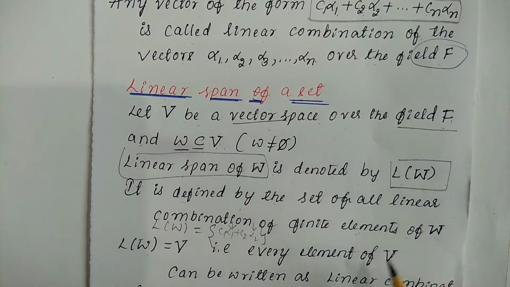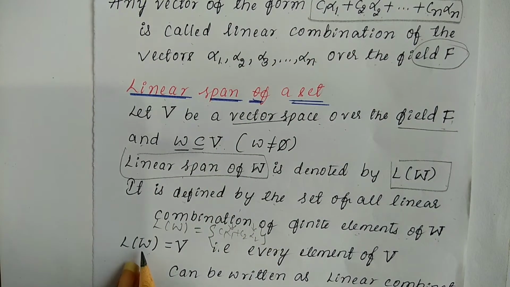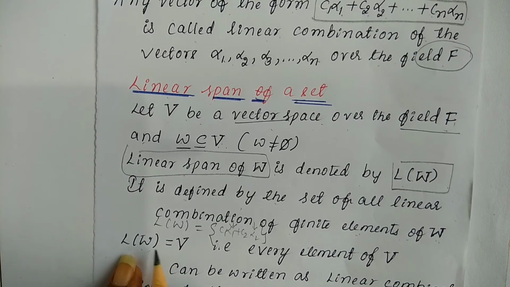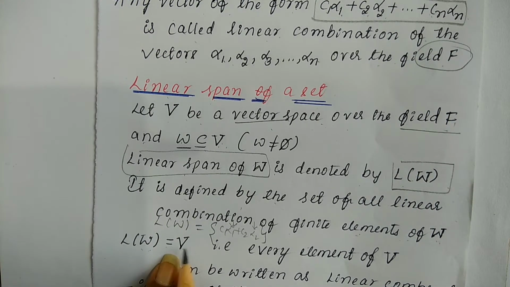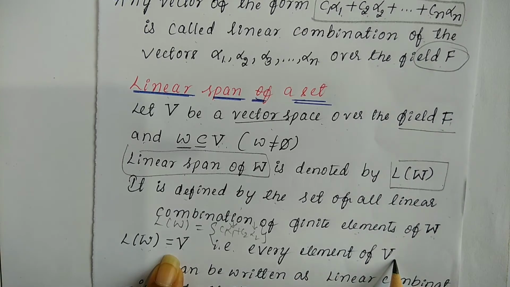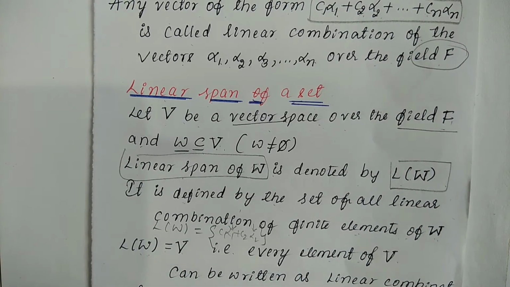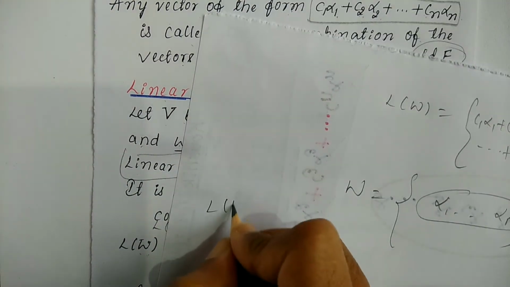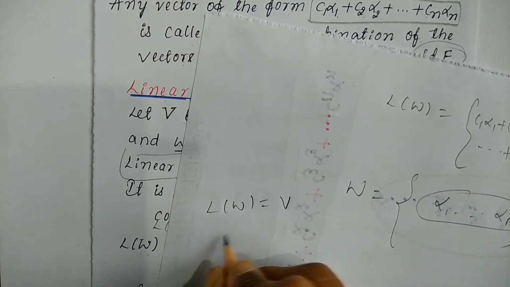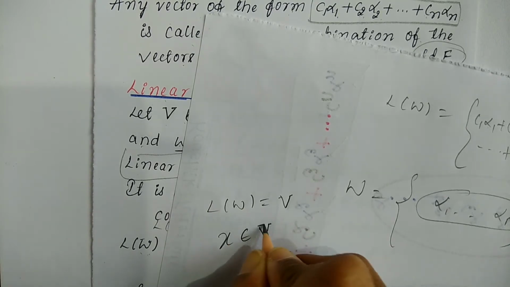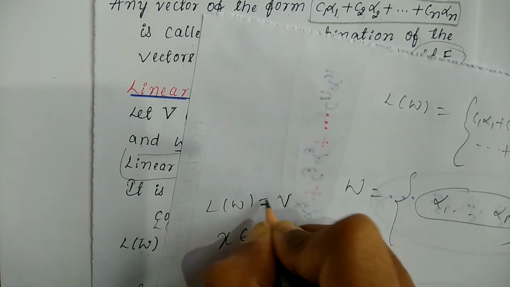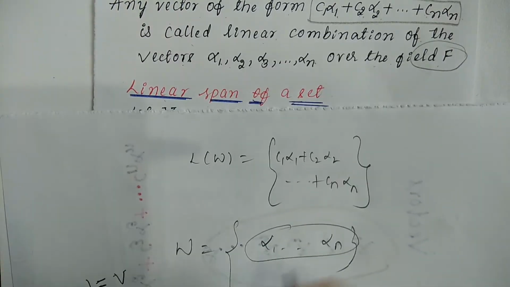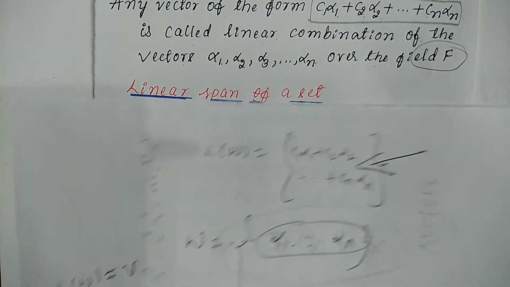Now L of W is equal to V means that every element of V can be written as a linear combination of finite elements of W. So here L of W is equal to V stands for, if I take an element x belonging to V, then it is in L of W. The elements of L of W look like the linear combination.